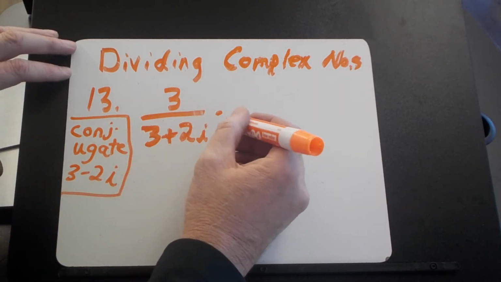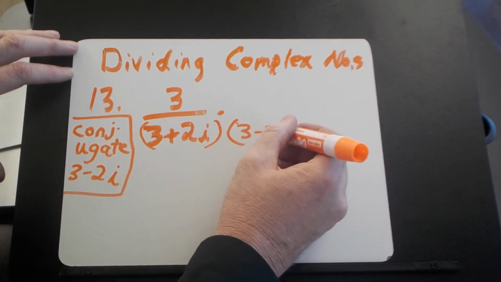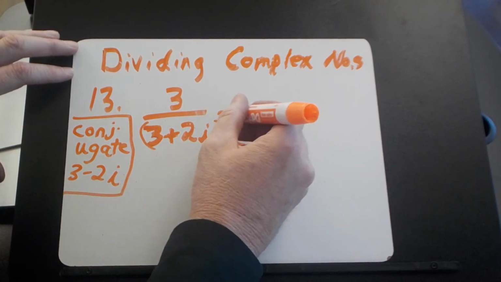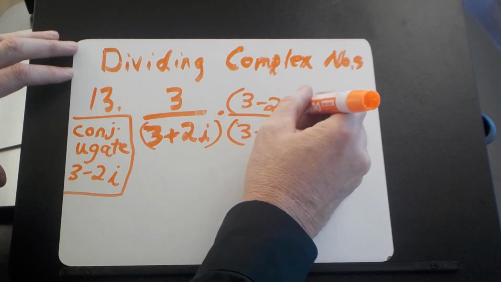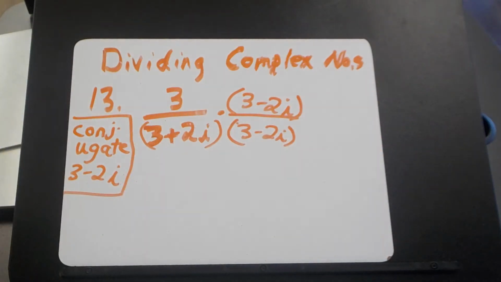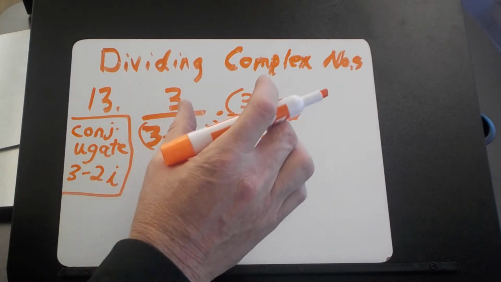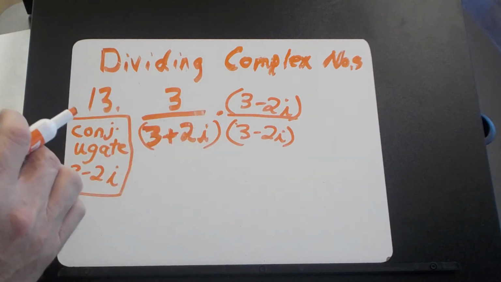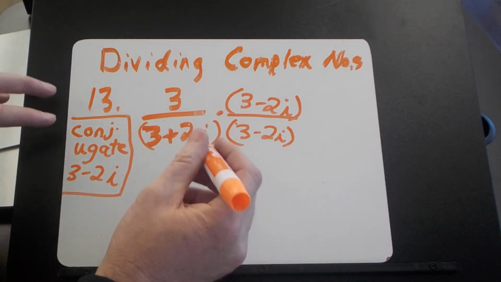And I'm going to multiply the bottom by 3 minus 2i. And when I do it to the bottom, I'll do it to the top so that we don't change the value. Essentially what we're doing is getting the complex part out of the denominator, and the conjugate lets that happen. Let's see why that works.